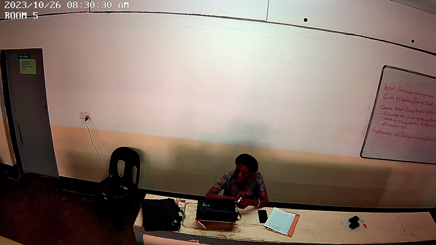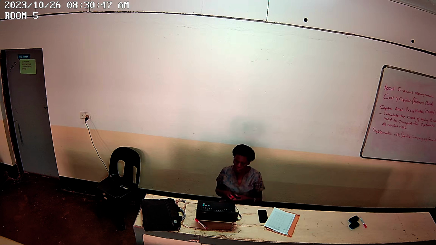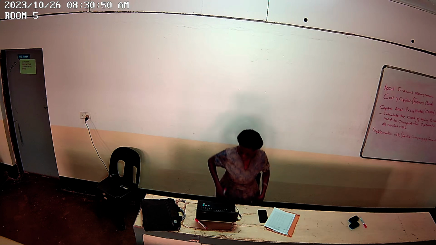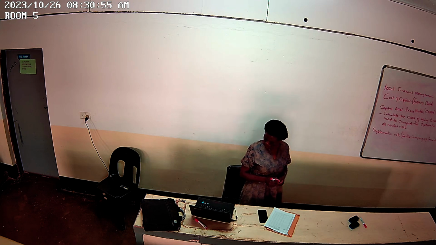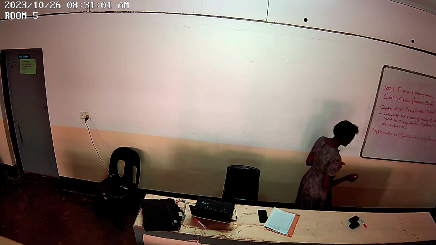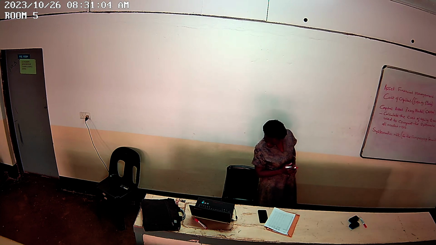So unsystematic risk is the risk due to variations in the market activities. Or we can say unsystematic risk is also called business risk.